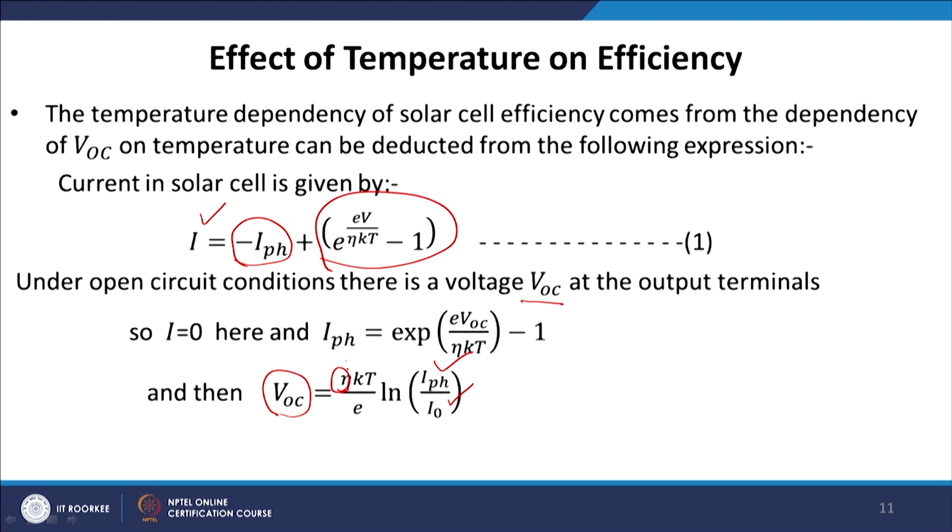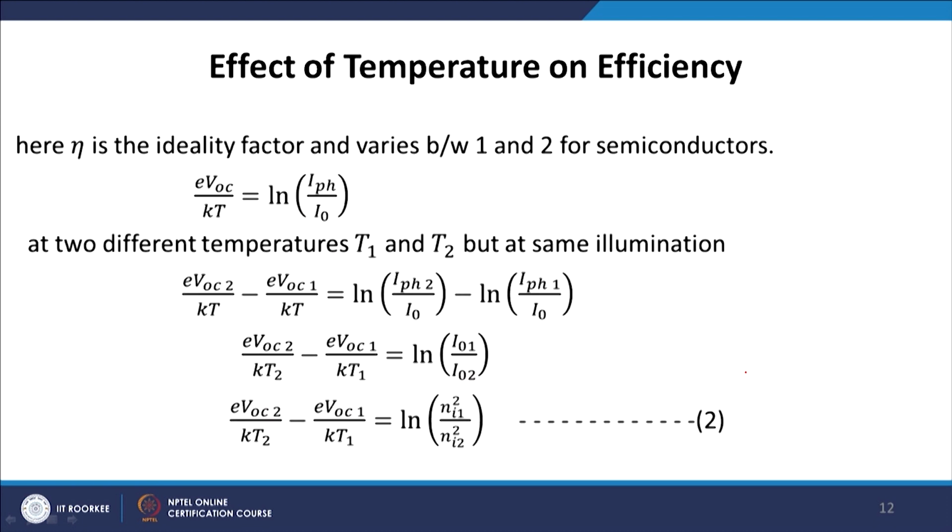Now, if we put it in a different way, the open circuit voltage depends on the temperature. So, from here we can write that VOC is proportional to T. That means if T changes, then VOC changes, and the efficiency will also change. Here eta is the diode ideality factor and varies between 1 and 2 for semiconductors.